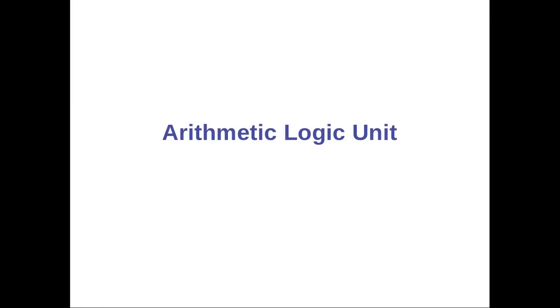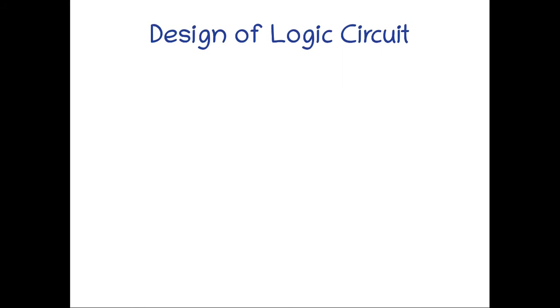In this video, we will explain how to design a logic circuit and then how to combine this logic circuit with our arithmetic unit to form a combined arithmetic and logic unit. First, we can consider the design of a logic circuit.